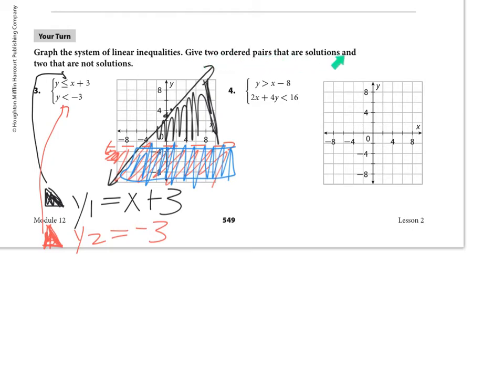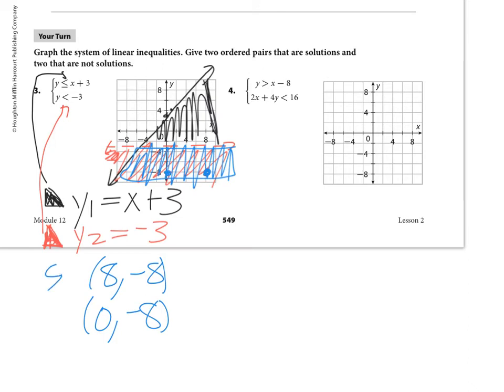So it says give two ordered pairs that are and aren't solutions. Two that would be solutions, I'll write in blue. I could go to the point (8, -8), which would be right there. And then I could also do (0, -8), which would be right here.